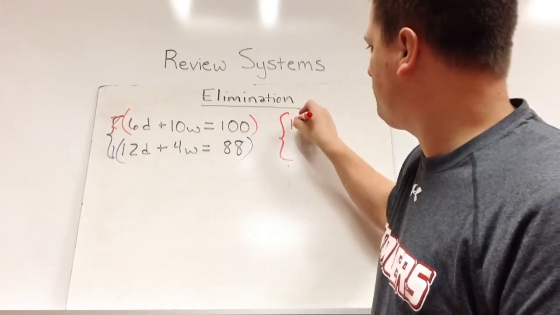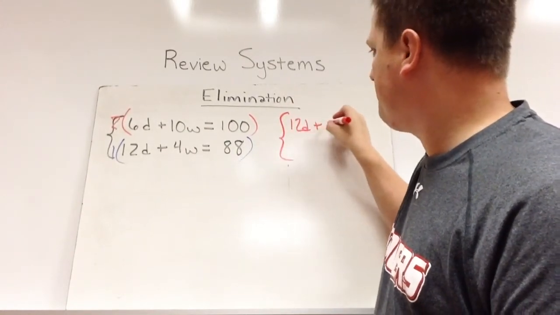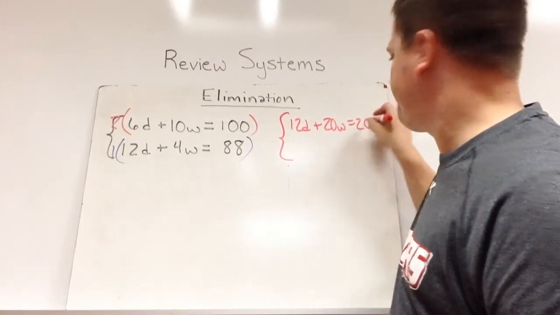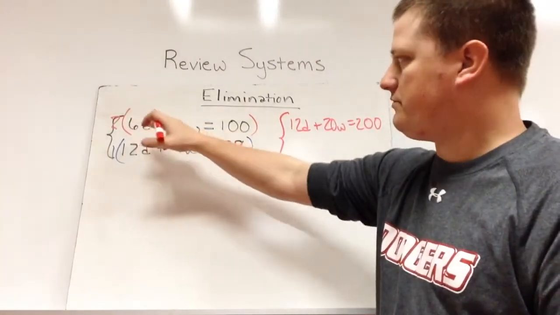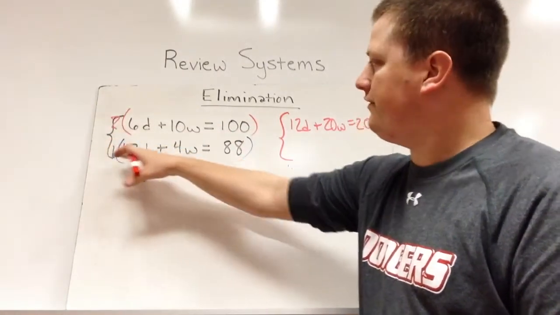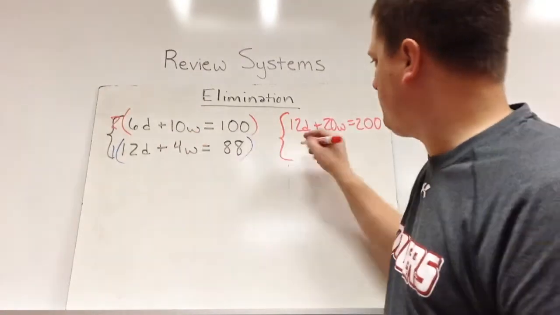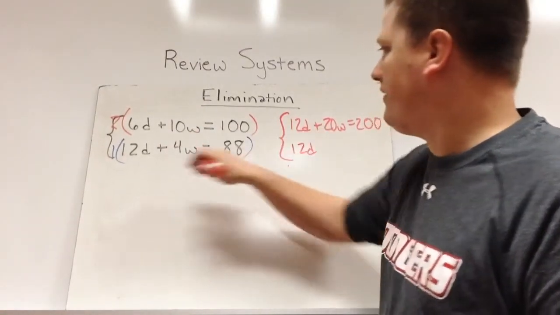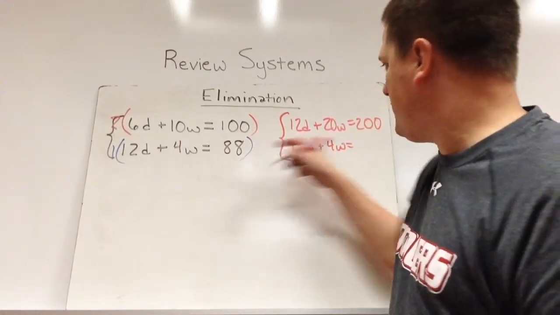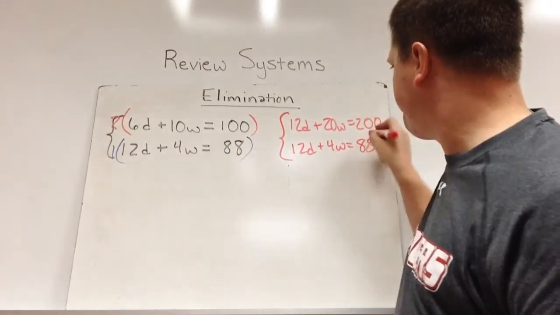And that will give us 12D plus 20W equals 200. Notice 2 times 6, 2 times 10, 2 times 100. Then we do the same with our 1s to all of these. So 1 and 12 make 12D, 1 and 4 make positive 4W, and 1 and 88 make 88.